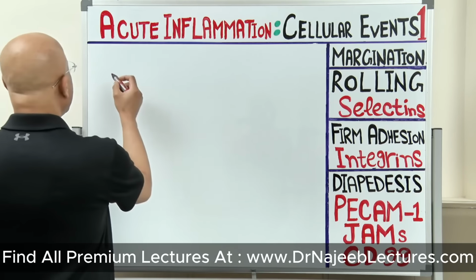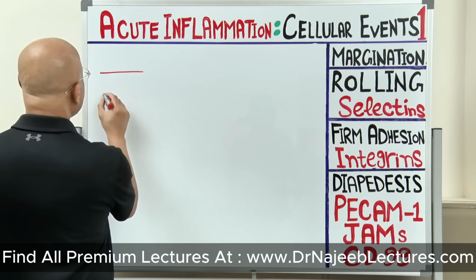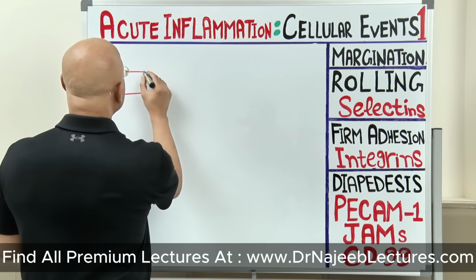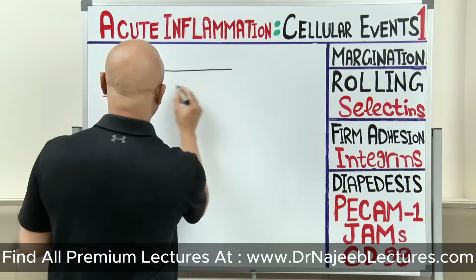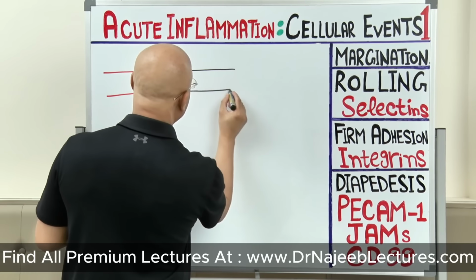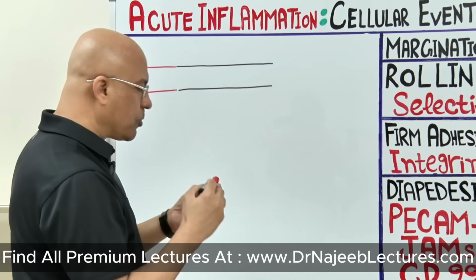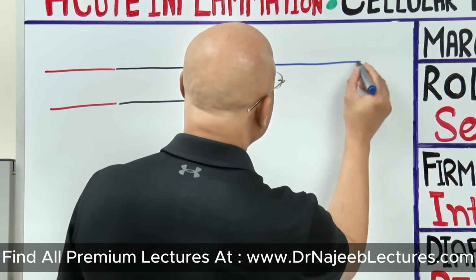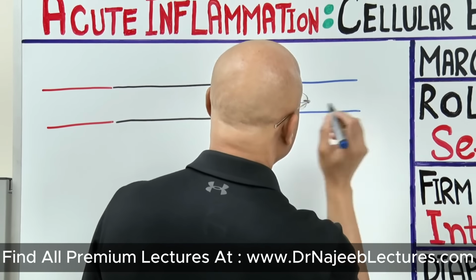Let's suppose that this is the arterial side. And let's suppose this is the microcirculation, which is characterized by endothelial lining. Let's suppose these are postcapillary venules, and this is the venous side.